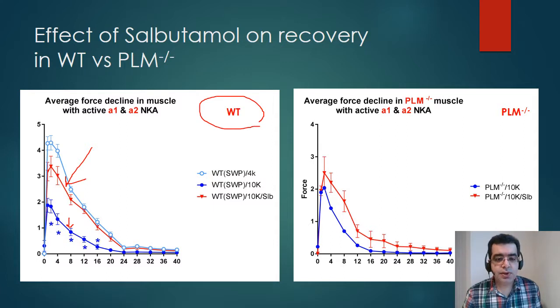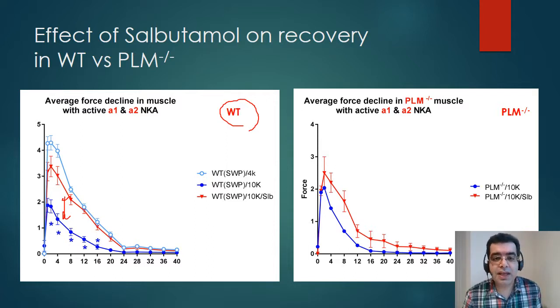And as I mentioned before, these are wild type muscle. So clearly, when we have both alpha 1 and alpha 2 plus phospholemman in wild type, the recovery effect of salbutamol is considerable. The difference between the blue and the red line.